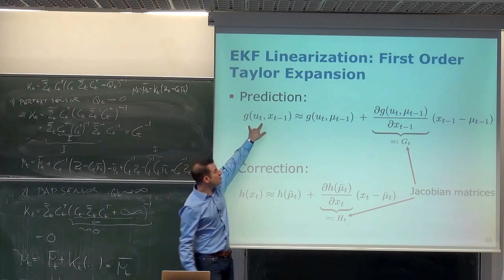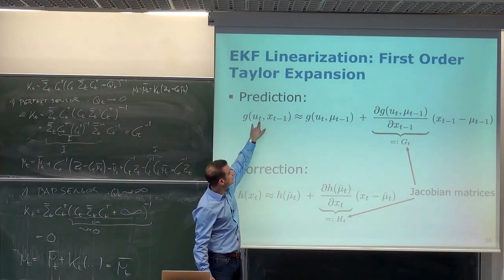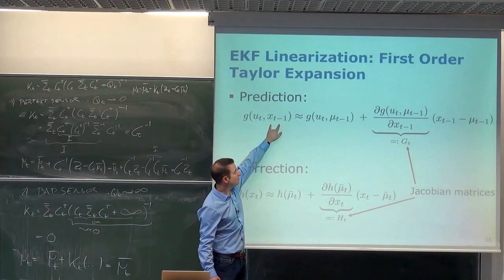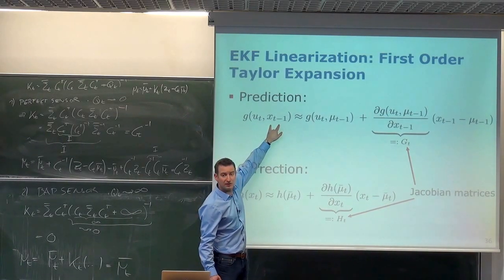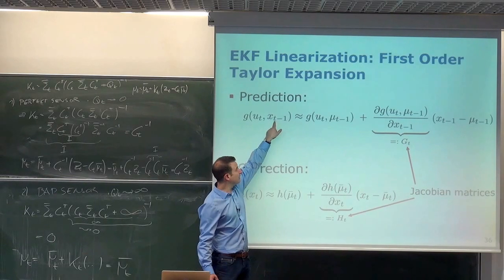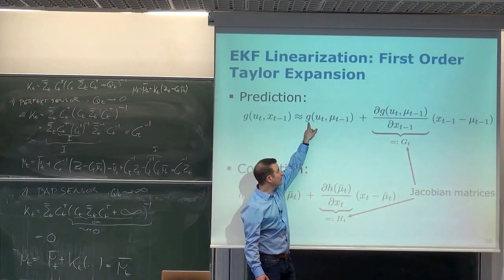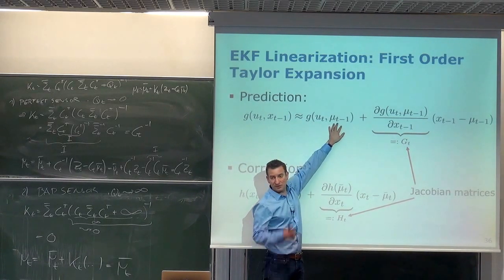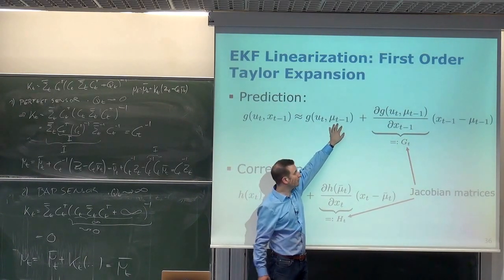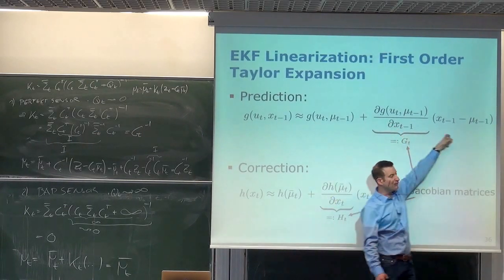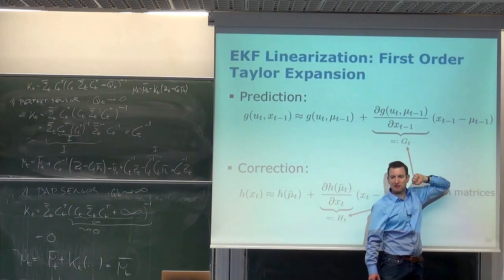Our function g, which depends on the command and the previous state, where x t minus 1 is my variable in here, will turn into this nonlinear function evaluated at the previous point of the mean, where the mean was before, plus the first derivative, times how far I'm away from the linearization point.